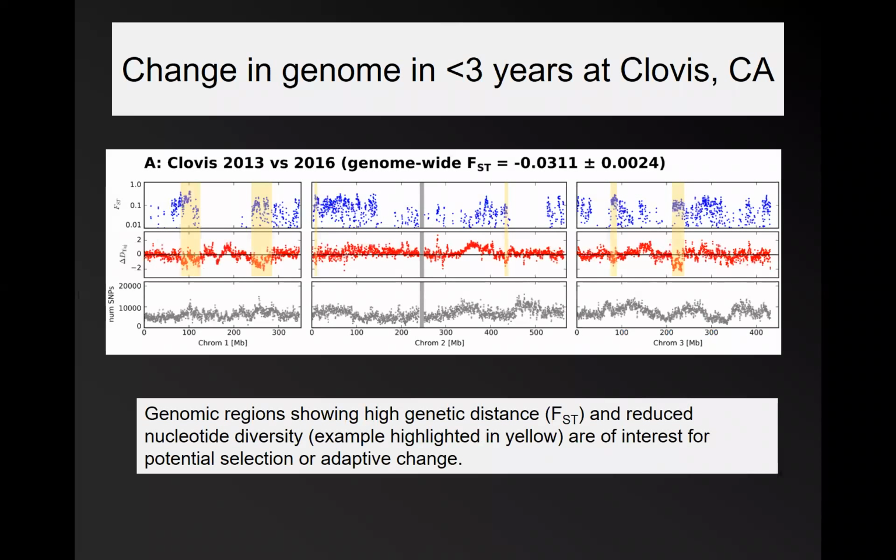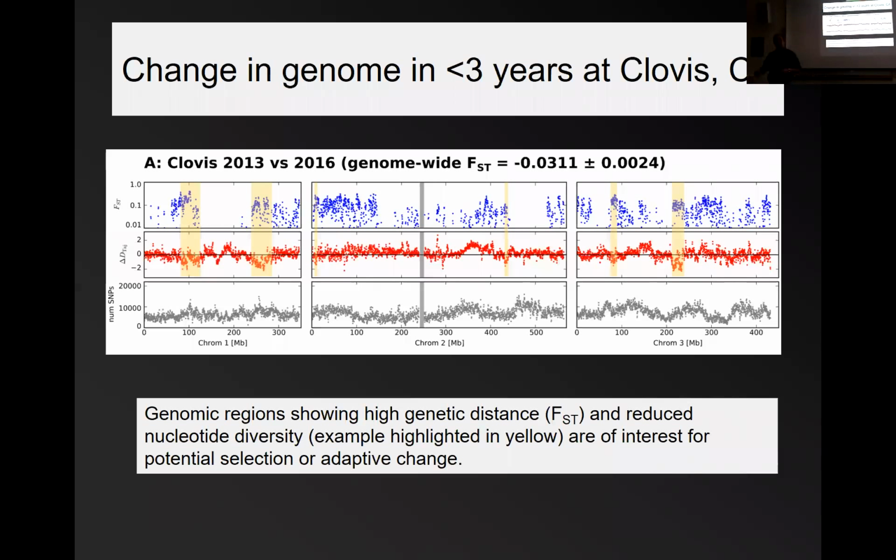The other thing that's occurring, which is quite interesting, is that if we compare just the Clovis individuals from 2013 to 2016, and we compare the SNP profiles across the genome, it appears that there are certain portions of the genome between 2013 and 2016 that are undergoing very strong selection.